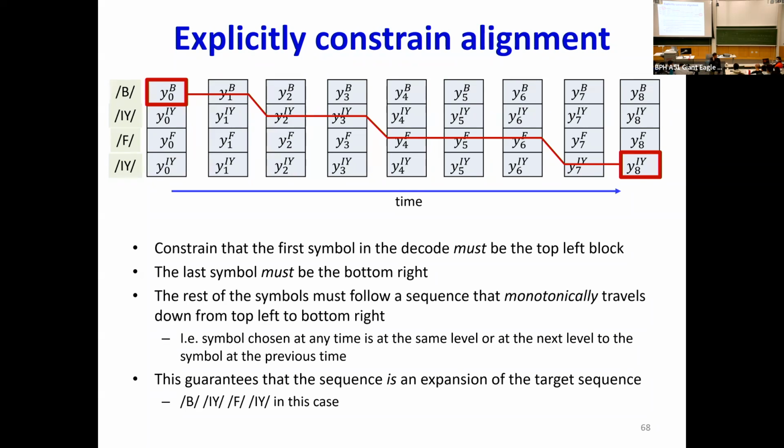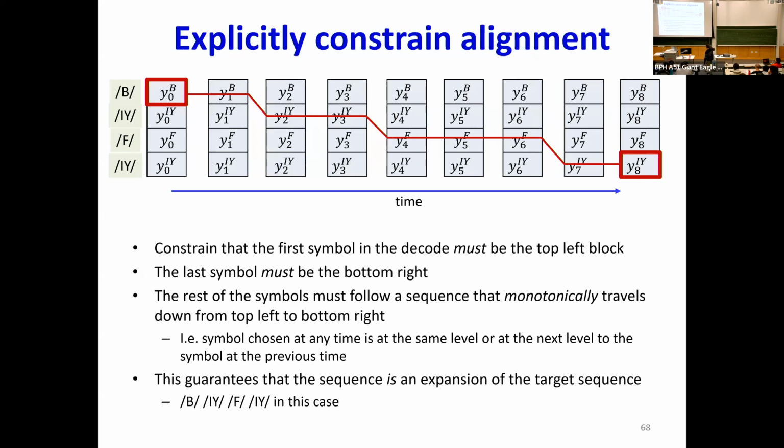Yeah. So how would I know if I want to put E below F or B above E? It's the word beefy. That's the label sequence that has been provided to me. Right? So B is the first, E is second, F is third, E again is the 4th. I'm working on training data where the label sequence has been provided. Right? And so here, I want to constrain the first symbol in my alignment to be the top left block.